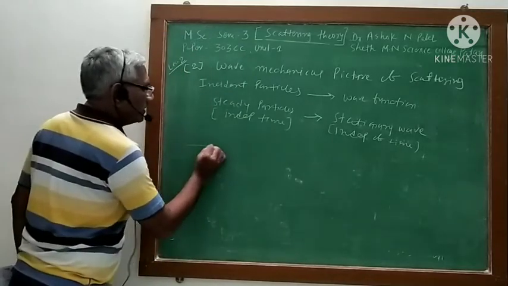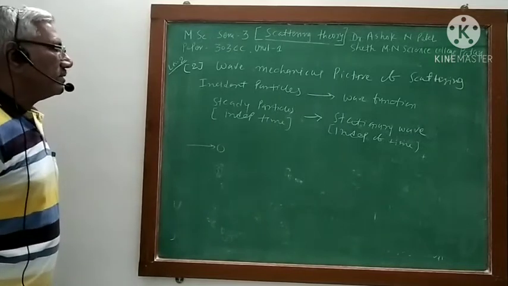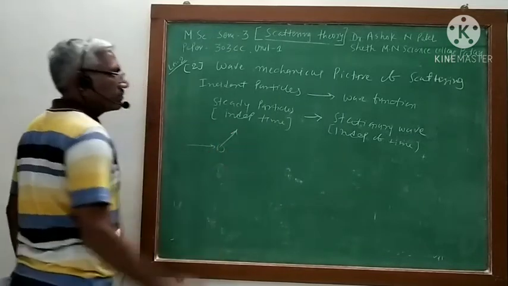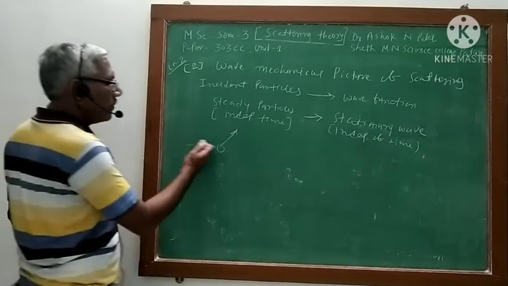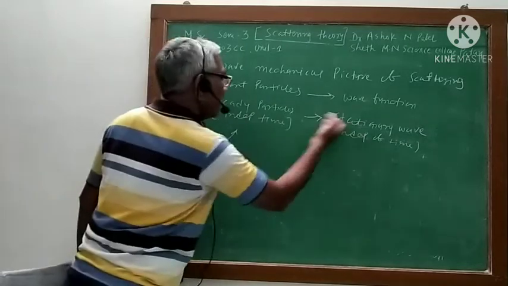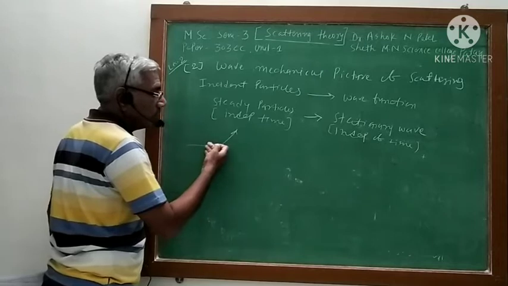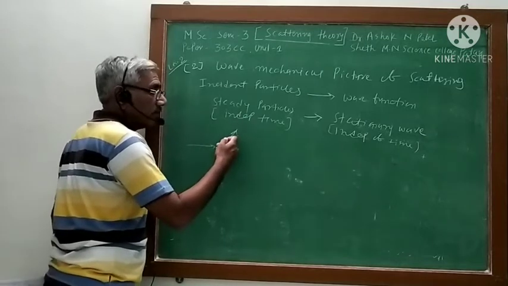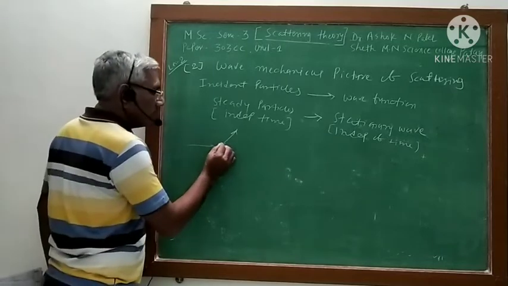Now when these particles or waves come at the target, what happens? The scattering takes place. In the earlier approach, it was the number of particles scattered. But in the case of stationary waves, the waves are scattered, not particles.